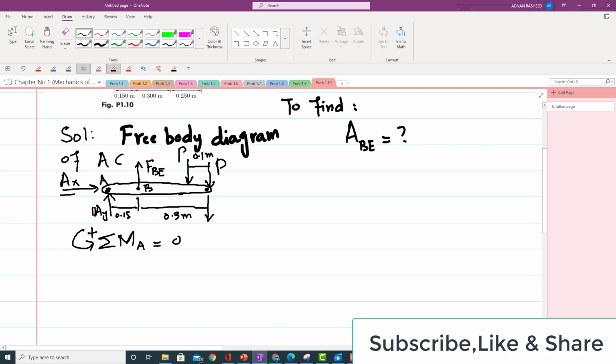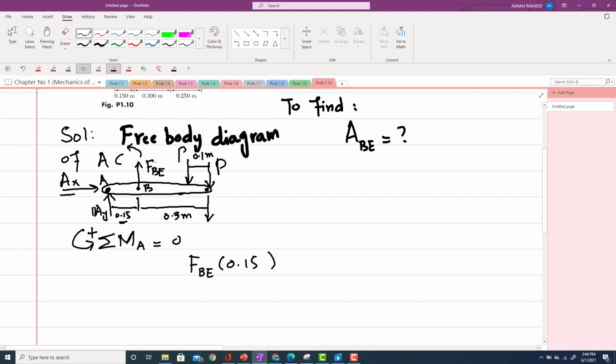So this will be 0. Only the force FBE into this perpendicular distance, that is 0.15. And as this force is producing a counterclockwise moment, this will be positive.